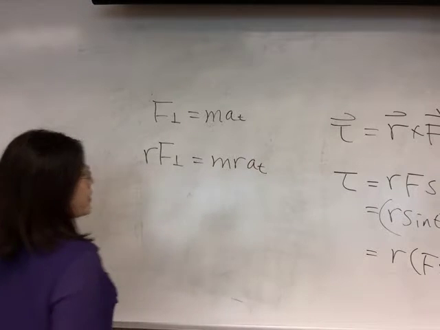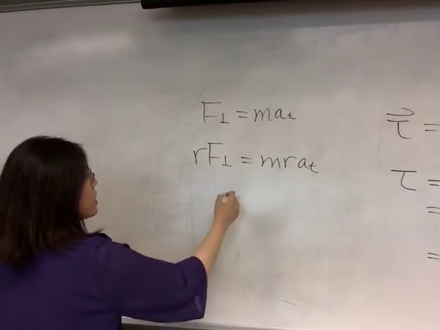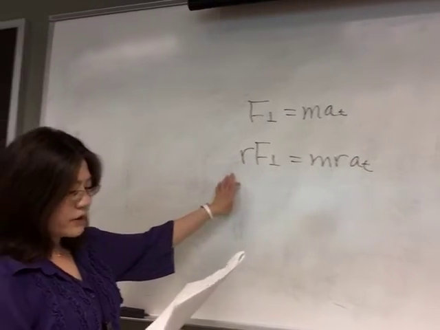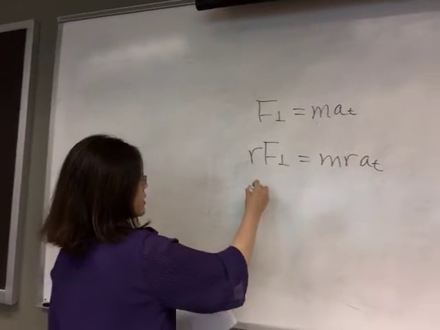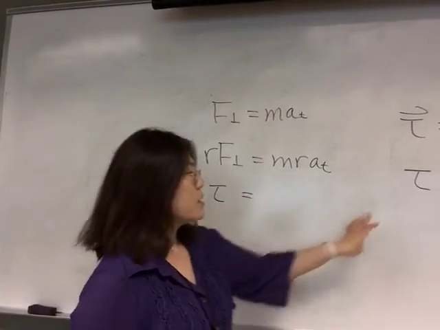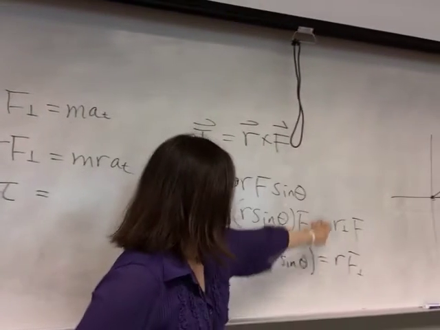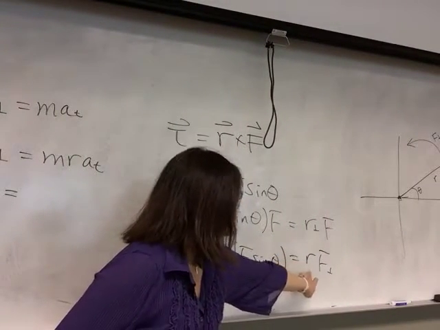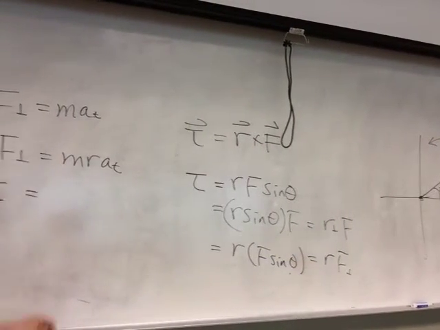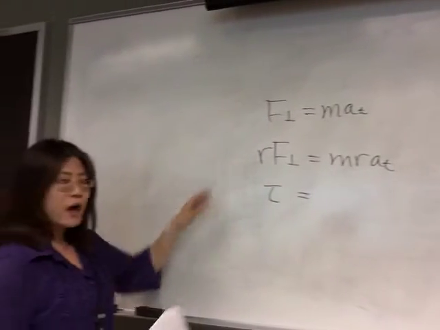What do we have here? On the left-hand side, we have our torque, because torque is r cross F, and I just have r times the perpendicular component of the force. So on the left-hand side, you have your torque.